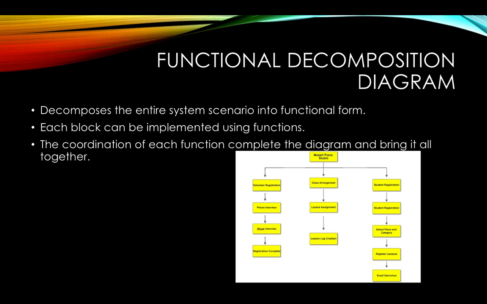It decomposes the entire system scenario into functional form. Each block can be implemented using functions, and the coordination of each function completes the diagram and brings it all together. Now, as you can see on my example for my homework for the Mozart Piano Studio, each data store and process in my example are tagged alongside a data flow, which are the arrows.